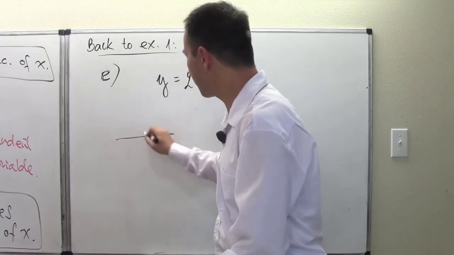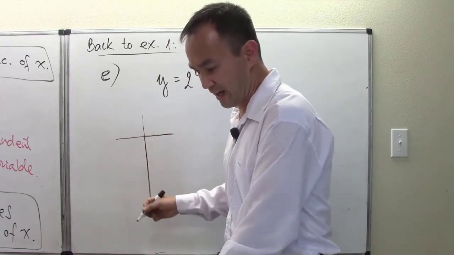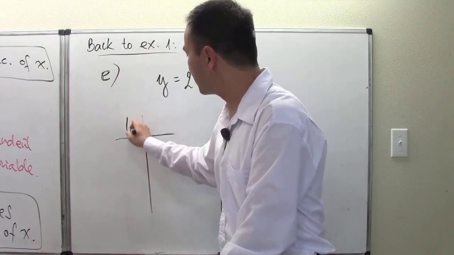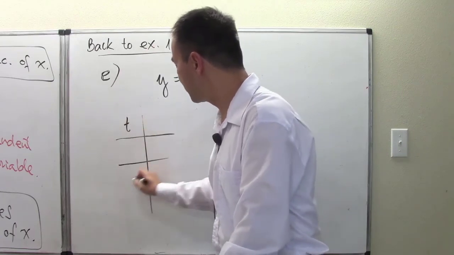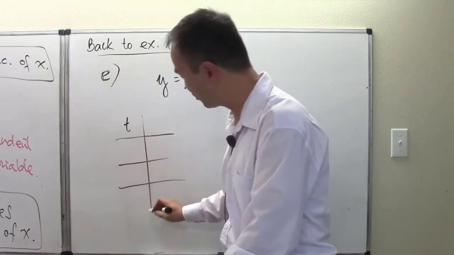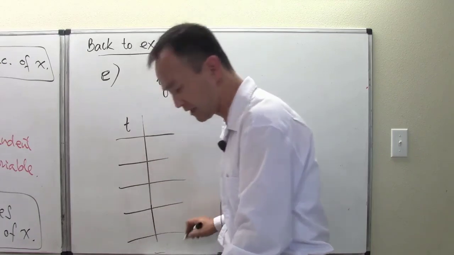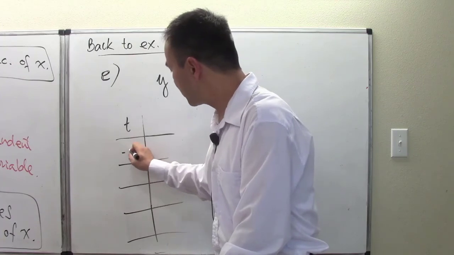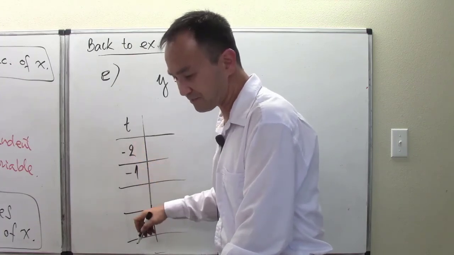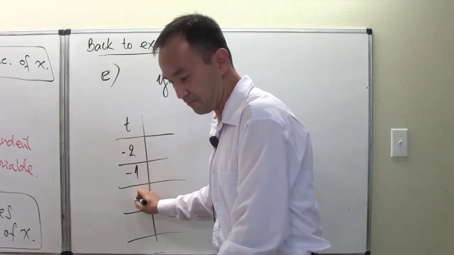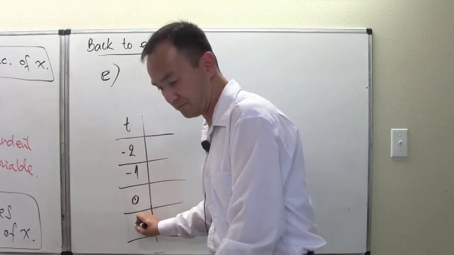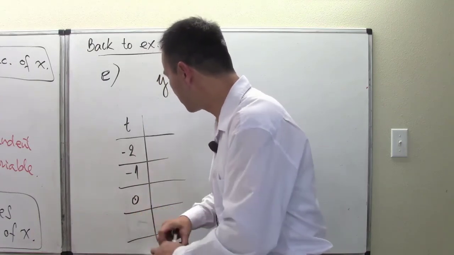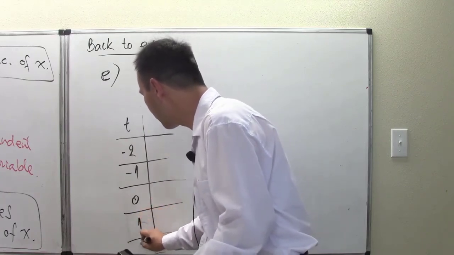We arranged things in a table of values, and the problem in part E suggested for us t equals, and we had quite a few different t values: -2, -1, 0, 1, and 3.